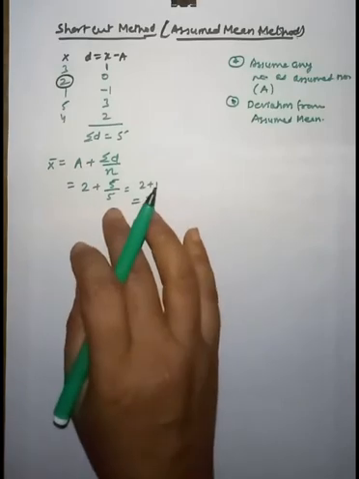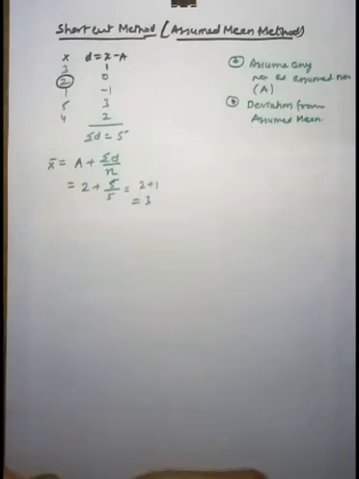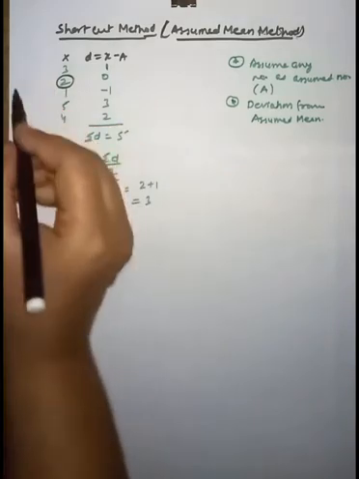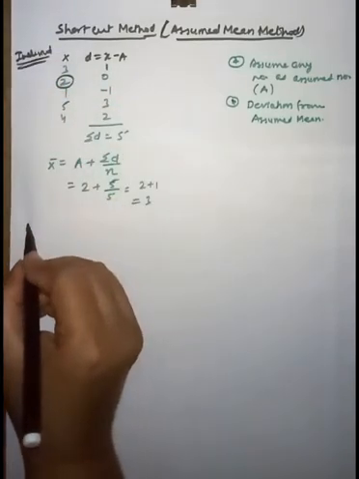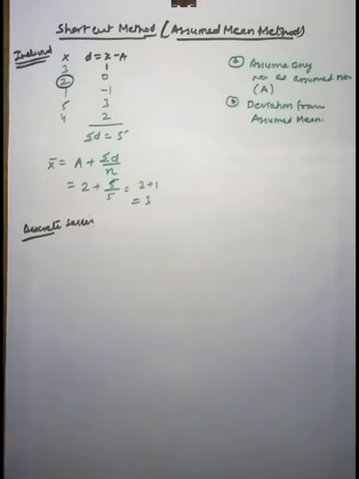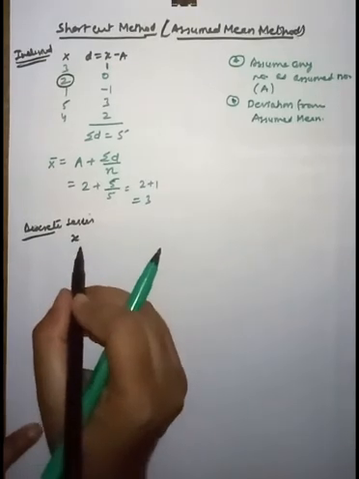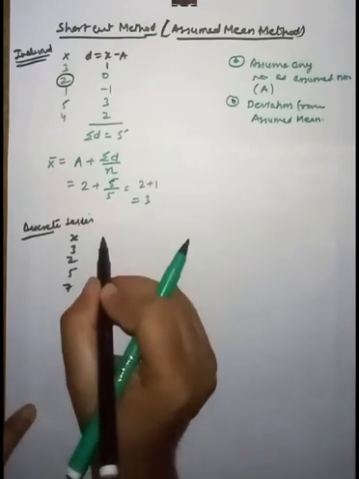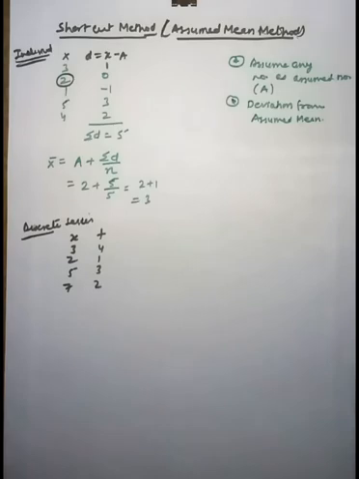Now taking the discrete series. I have taken before x as 3 2 5 7, and f as 4 1 3 2.